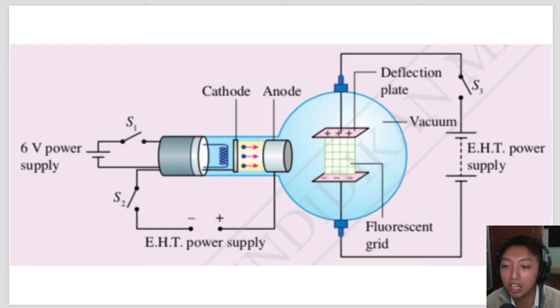Since the positive side is up here, the cathode rays will bend up towards the positive side. If the positive side was below, it would do the opposite, and the cathode rays would bend towards the lower side. This is how we came to the conclusion that a cathode ray is negatively charged, because the cathode ray always seems to be attracted to where the positive charges are.